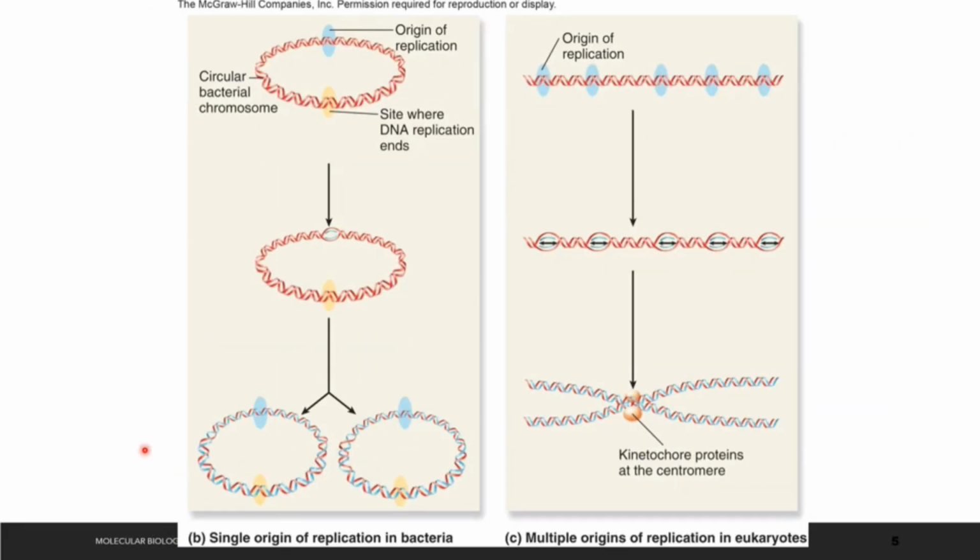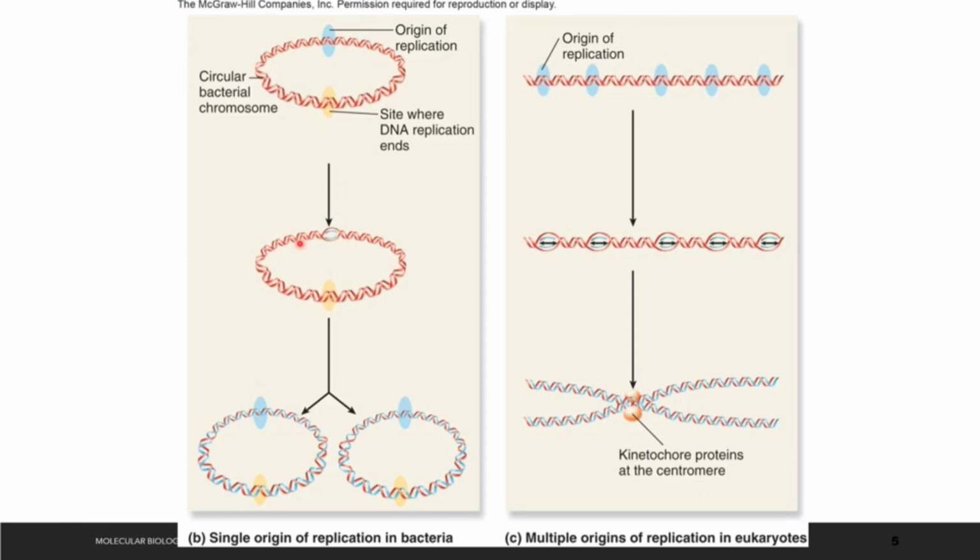For prokaryotic cells, bacteria, there is one origin of replication present on the chromosome. As you can imagine, DNA replication is going to go to the left and to the right of the origin of replication.